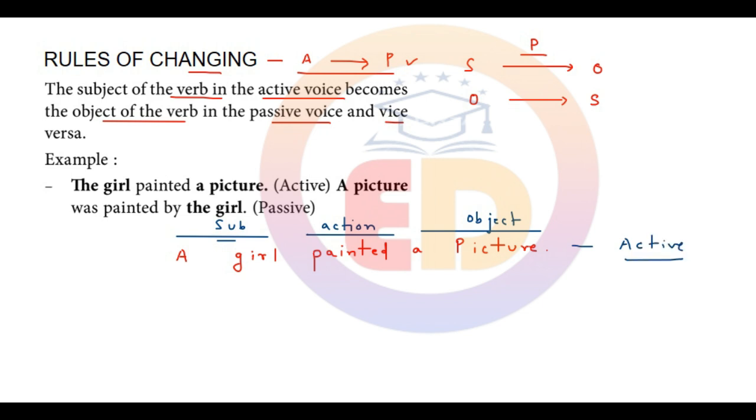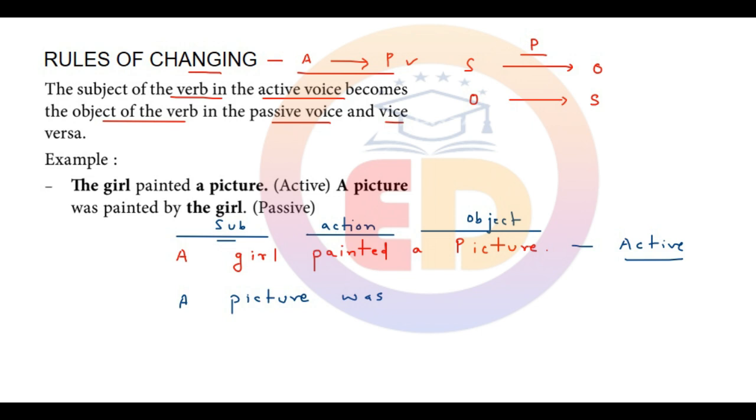And to convert this sentence, which is in the active voice right now, to a passive voice, the object will become the subject. Bring it in the beginning of the sentence. So it will start with a picture. Maintain the tense. Painted is the past tense, so a picture will be followed by was.